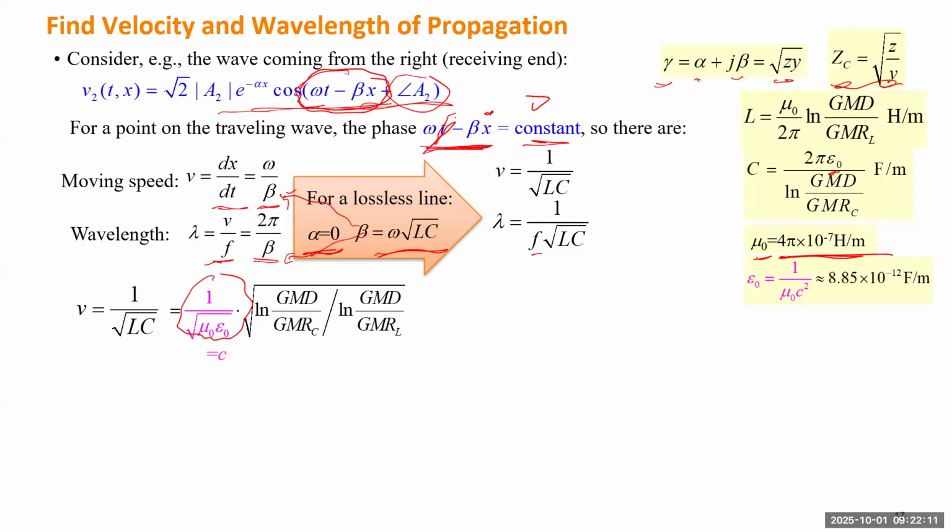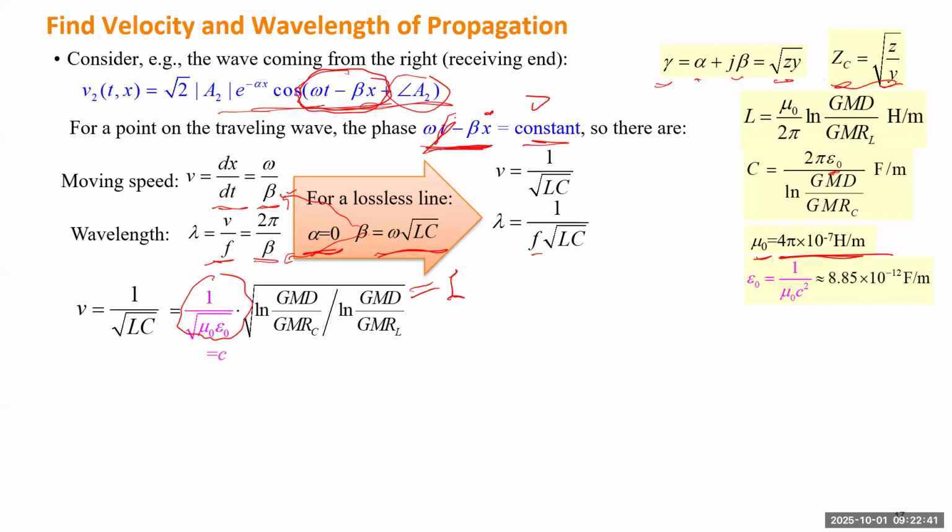So when we calculate the geometric mean radius for capacitance and for inductance, for capacitance we have to exclude the inside of the conductor. The GMD can be very large, much bigger than GMR-C or GMR-L. So eventually, this one will be very close to 1.